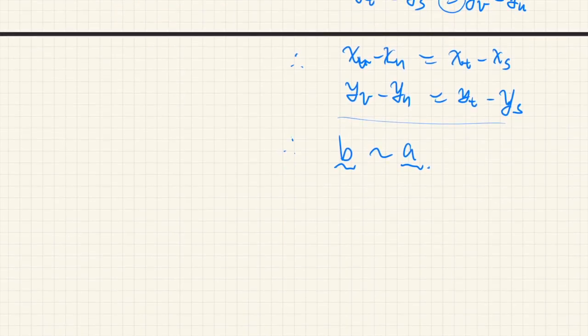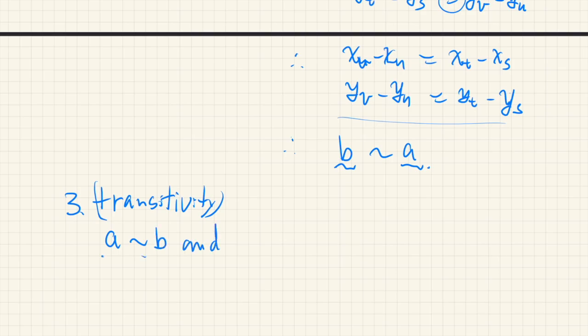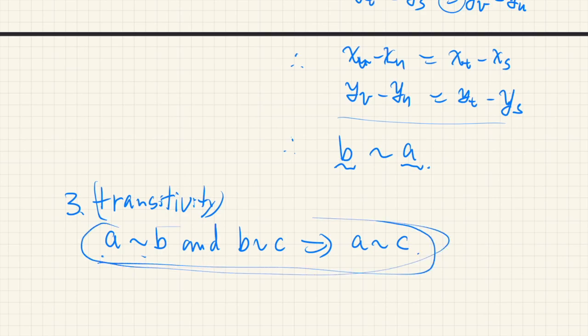And the third condition is transitivity. So this relation should be transitive, right? That means if we have three arrows, and if A is equivalent to B and B is equivalent to C, then we need to show A is equivalent to C, right? So let's show this.